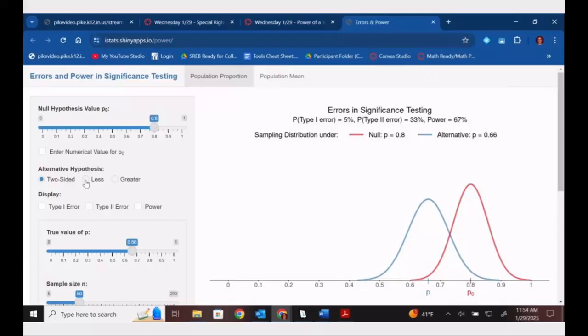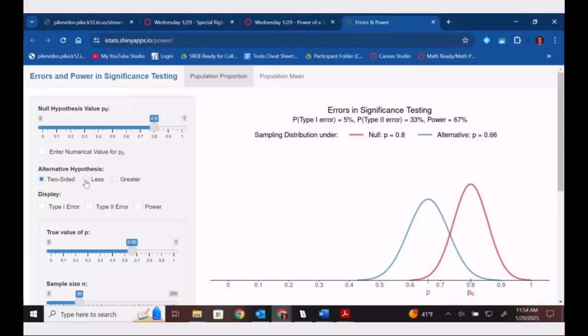And did we write our hypothesis as a one-tailed or a two-tailed test? One-tailed. What would it look like if it was a two-tailed test? What would I see that's different? How would my alternative hypothesis look different? Does not equal. So if I had not equal to 80, then it would be a two-tailed test. But we just wrote less than 80, right?